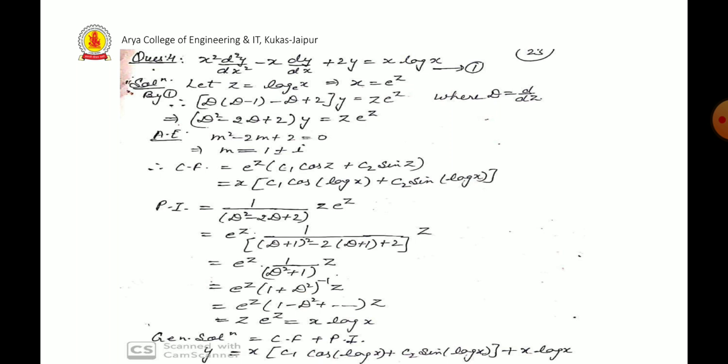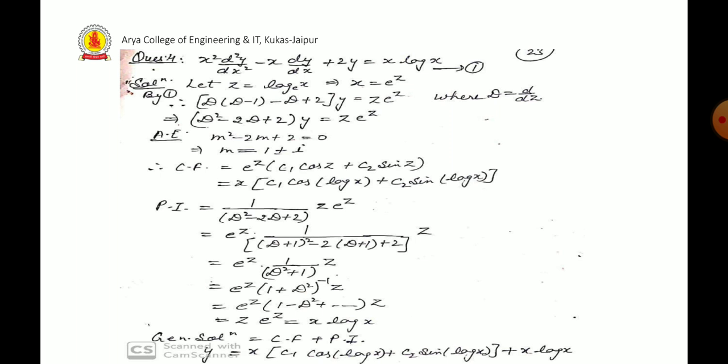This implies e to the power z times 1 upon (D plus 1) whole square minus 2(D plus 1) plus 2 applied on z, which is equal to e to the power z times (1 plus D square) whole power minus 1 applied on z, and we expand (1 plus D square) whole power minus 1 as 1 minus D square plus and so on.